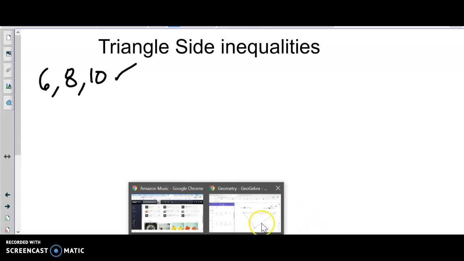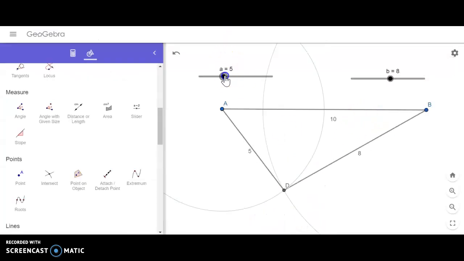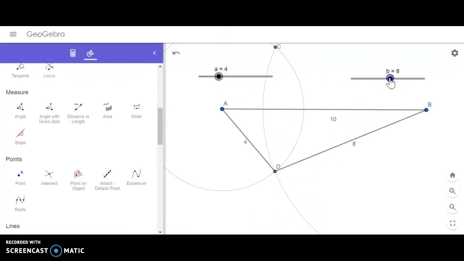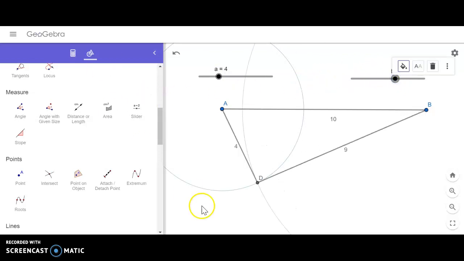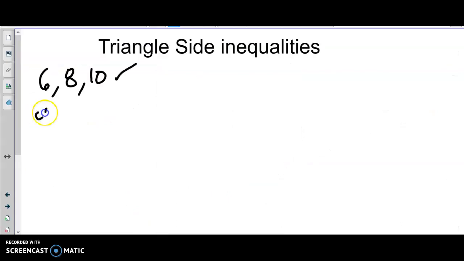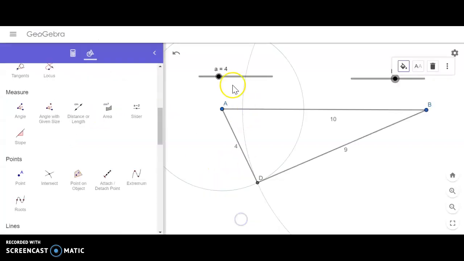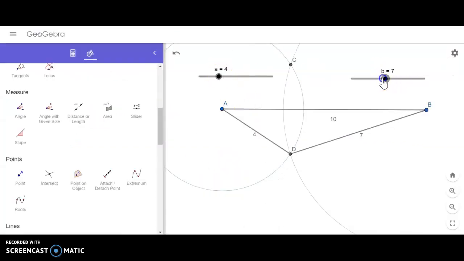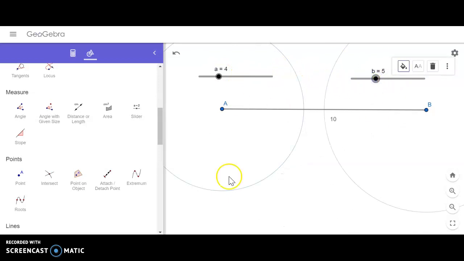Let's look at another one. What if I did 4, 9, and 10? Let's check out 4, 9, and 10. That makes a triangle. Now let's look at some that don't make a triangle. If I put this all the way down here, there's no intersection point.